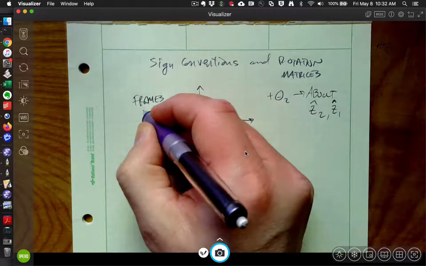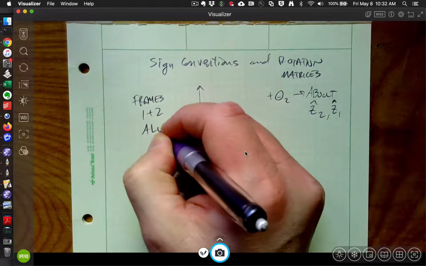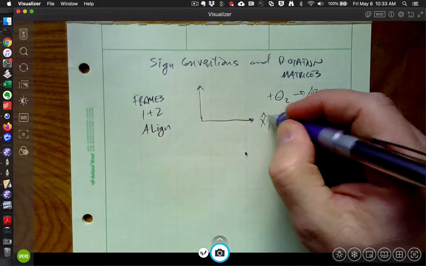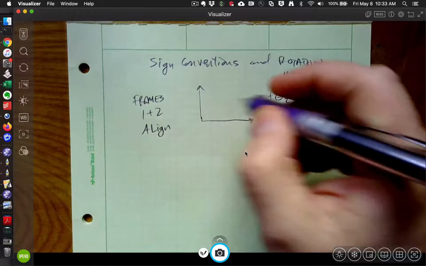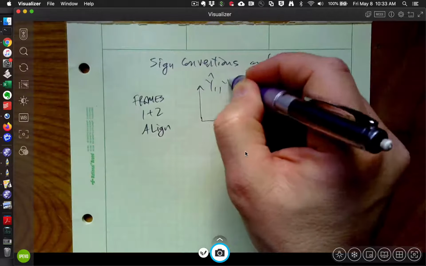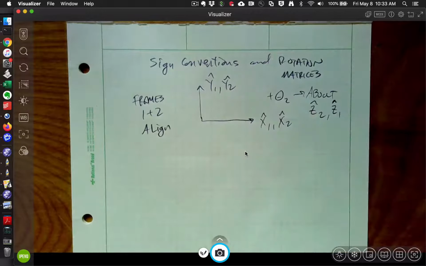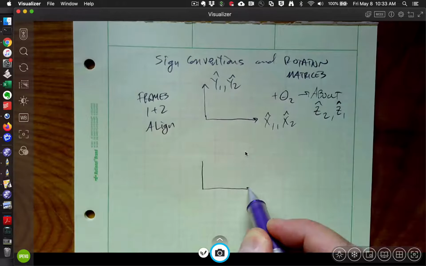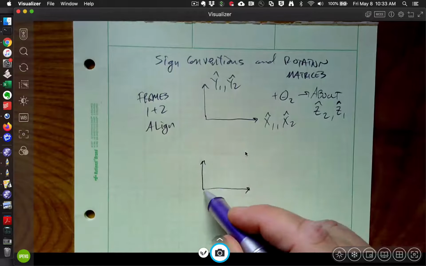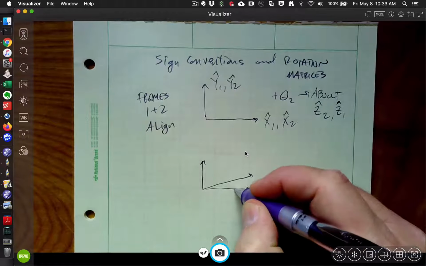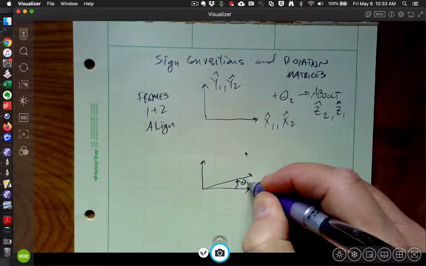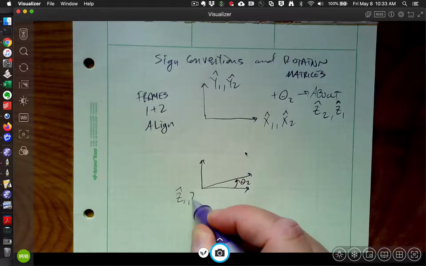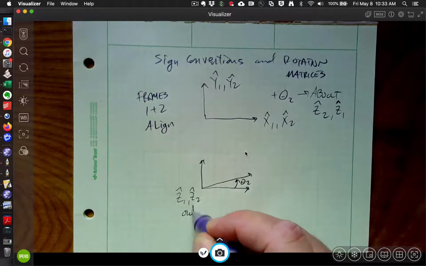So when we talk about what a positive rotation means, initially x1 hat and x2 hat and y1 hat and y2 hat would be all on top of each other. And then when we do our positive theta 2 rotation, we're defining positive theta 2 in a right-hand sense. So Z1 and Z2 are both out of the page.